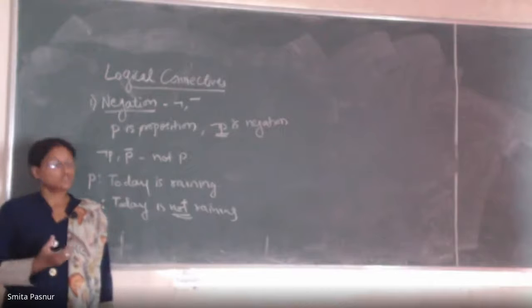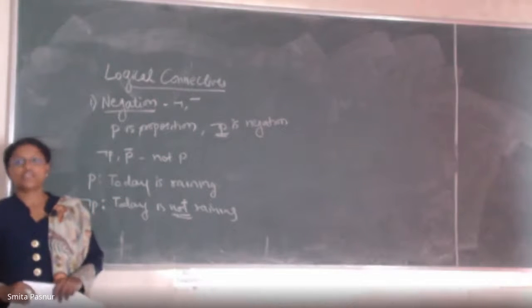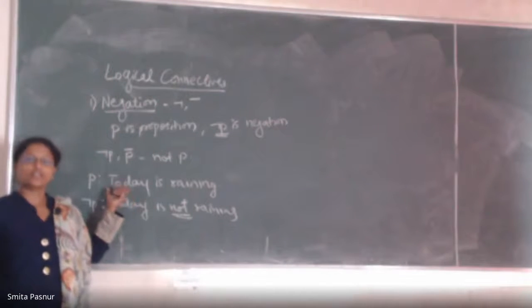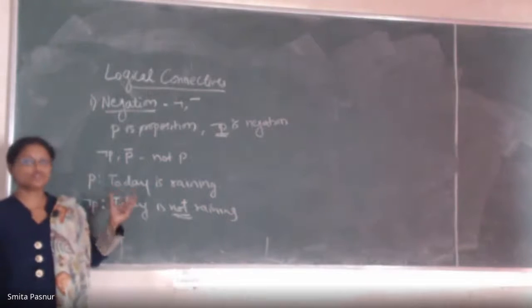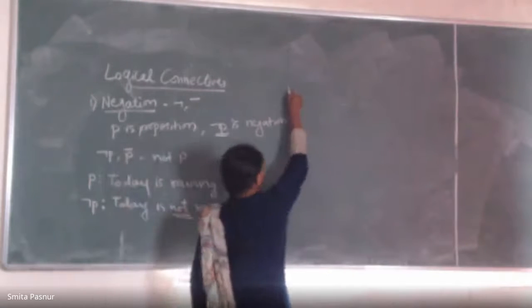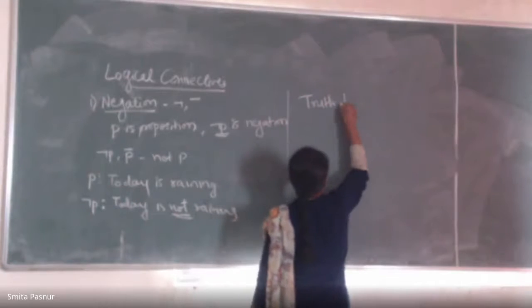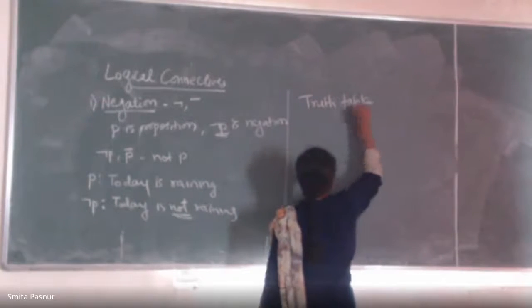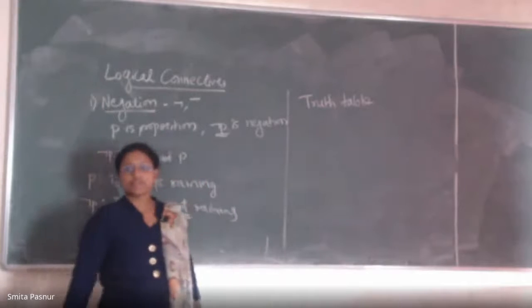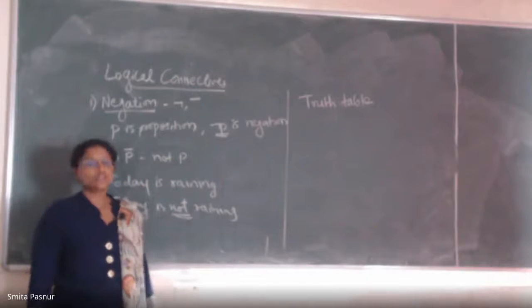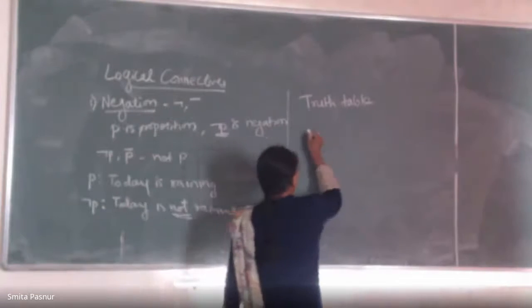That is called the truth values, so you can represent them for each and every logical connective. We call it the truth values. That is shown by a truth table. So we are going to see the truth table. In a truth table, it is shown like this for negation.